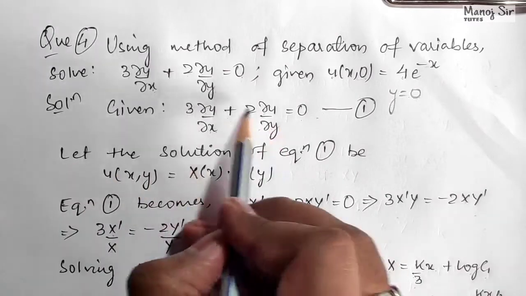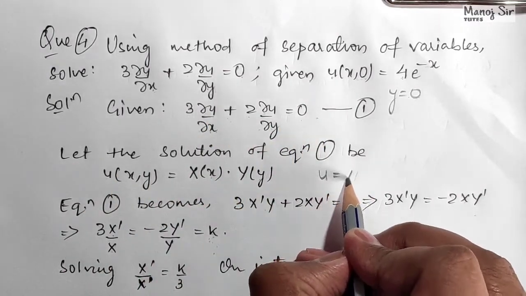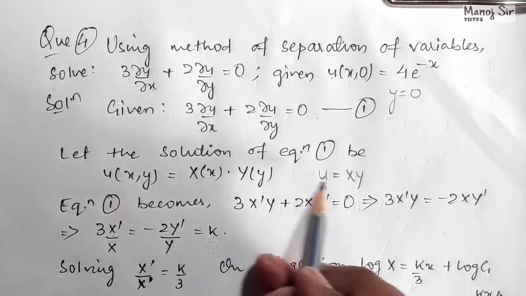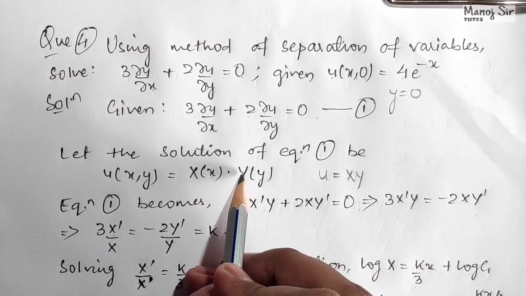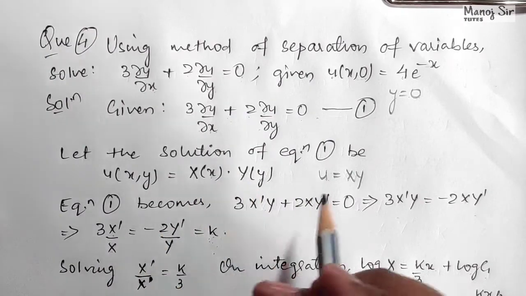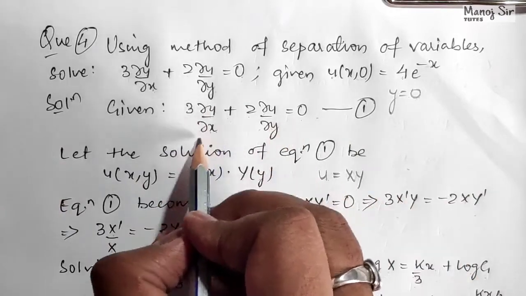Let the solution of equation 1 be u equals to X into Y, where u is a function of x and y, capital X is a function of small x, capital Y is a function of small y. Here in equation number 1, we have del u upon del x.